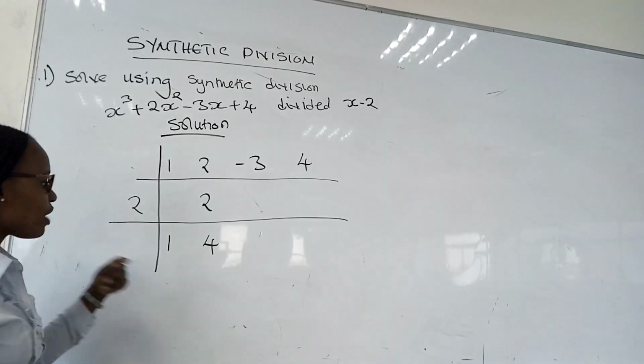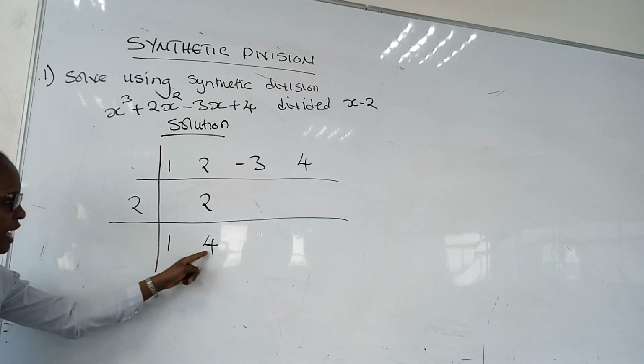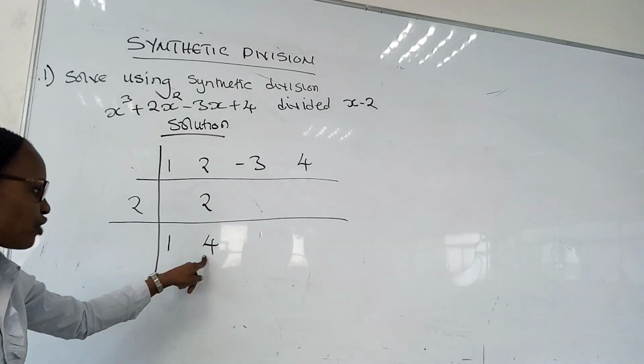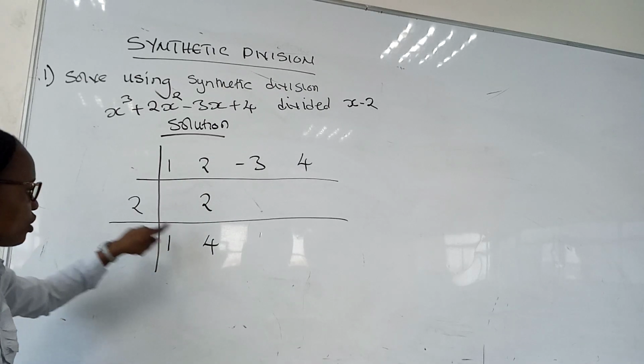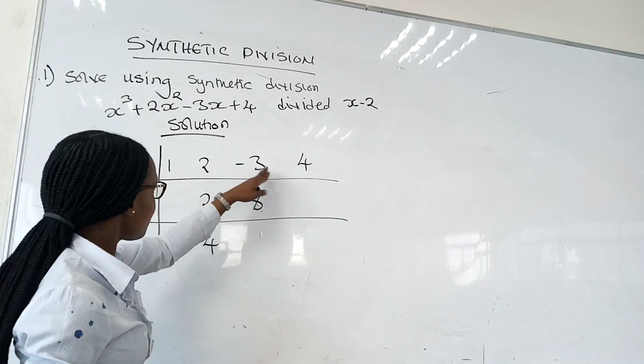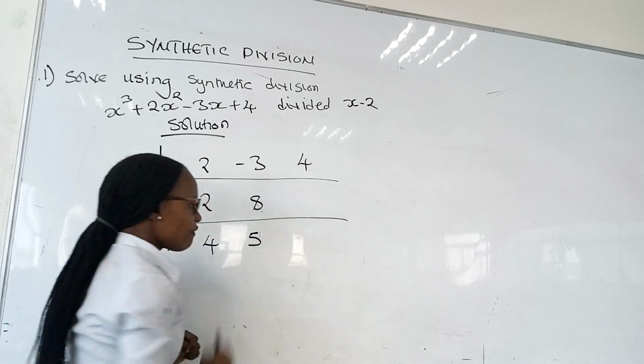After doing that, we now multiply 2 by 4. Since here we multiplied 2 by 1, we got 2, which we added to get 4. So we say 2 multiplied by 4 gives us 8. And negative 3 plus 8 gives us 5.